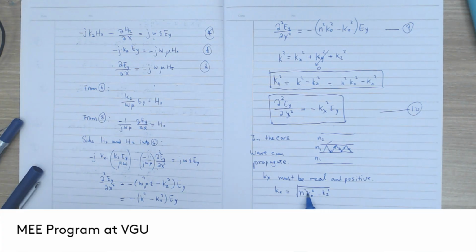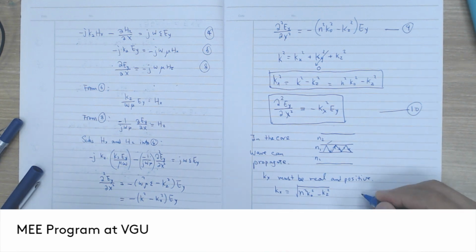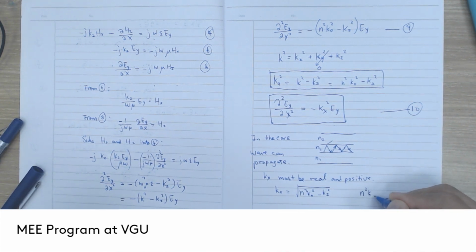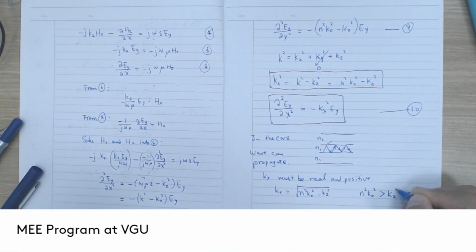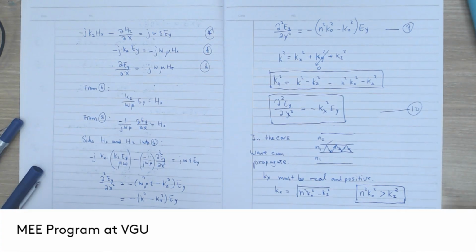The square root of the positive number will give you a real number. And that's why we can conclude that, so this is an important criterion, and this criterion can be used for the core.